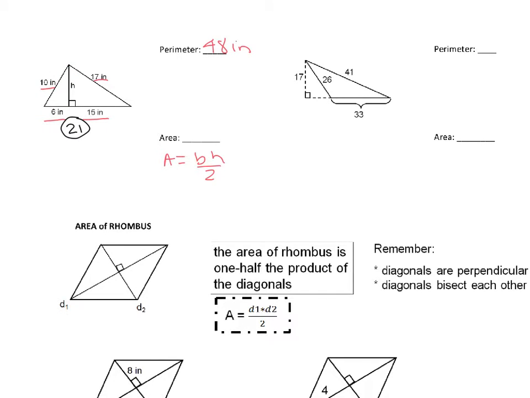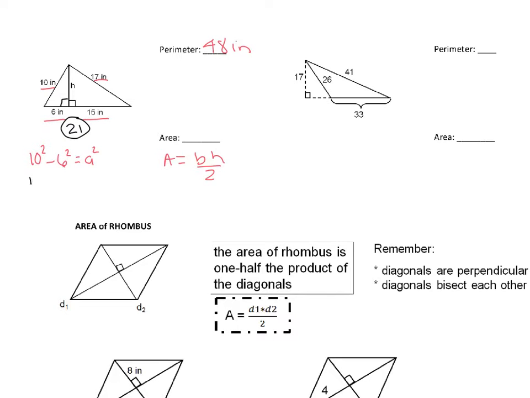So when I work this out, we would have 10 squared minus 6 squared equals a squared. Notice I'm already reversing the traditional Pythagorean theorem since we're given the hypotenuse. Hopefully you guys see that. If not, just work it out using a squared plus b squared equals c squared.